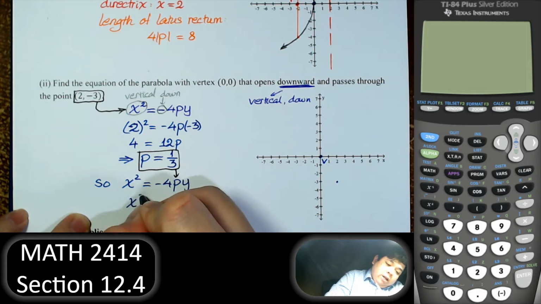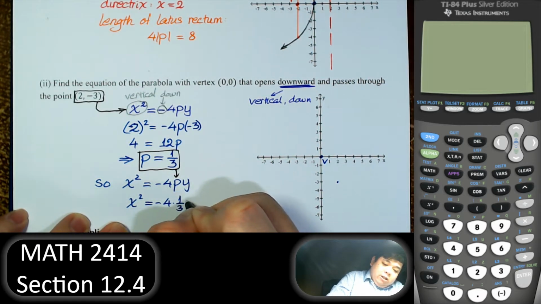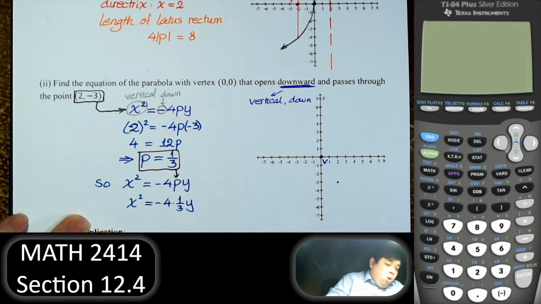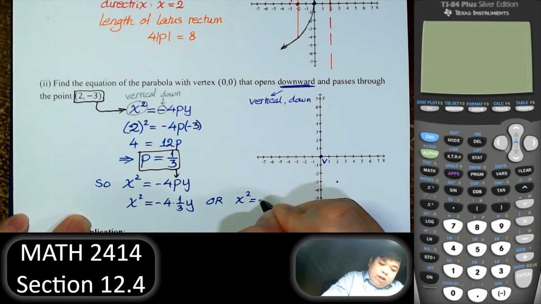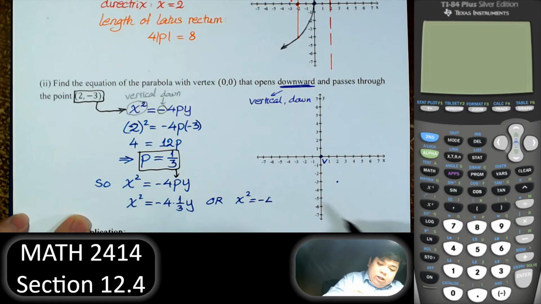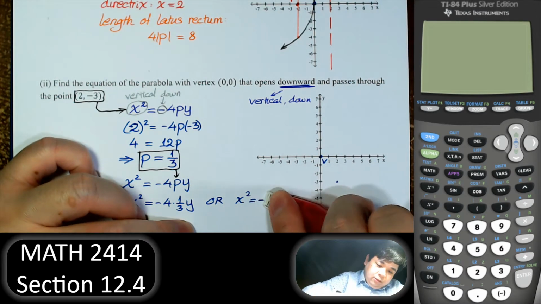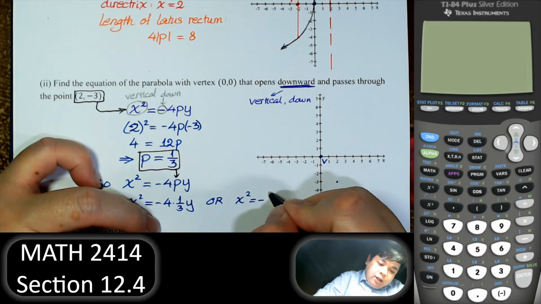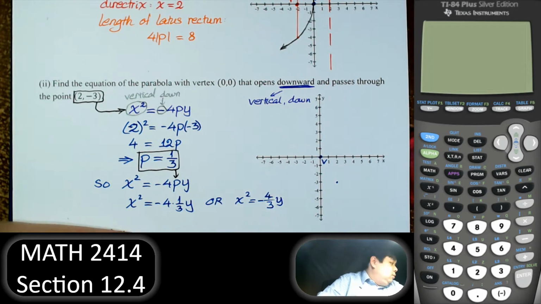So x squared is negative 4 times 1/3 y, or we write x squared equal to negative 4 over 3 y.